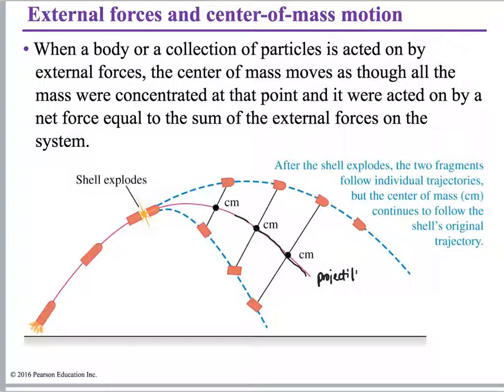Instead of following each individual piece of the shell and trying to figure out where each piece goes, we can say that the center of mass is going to follow a path given by whatever external forces are acting on it, which in this case would be gravity.